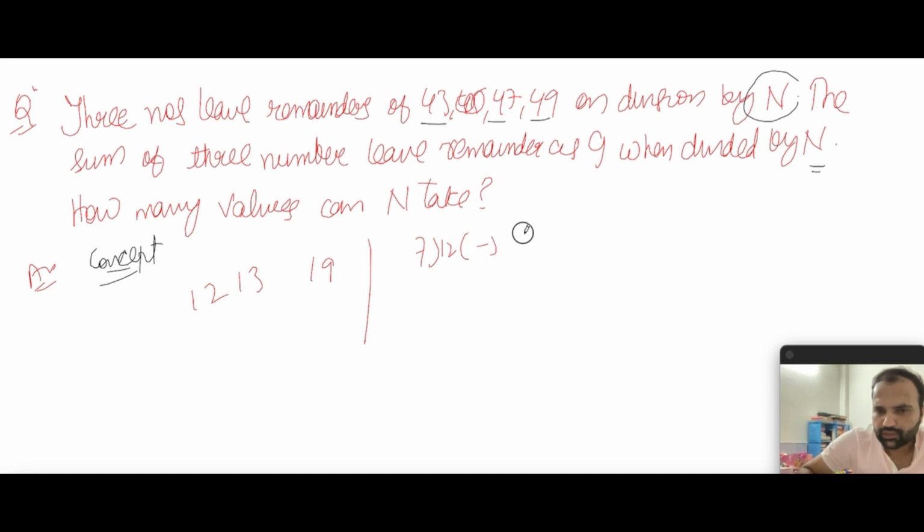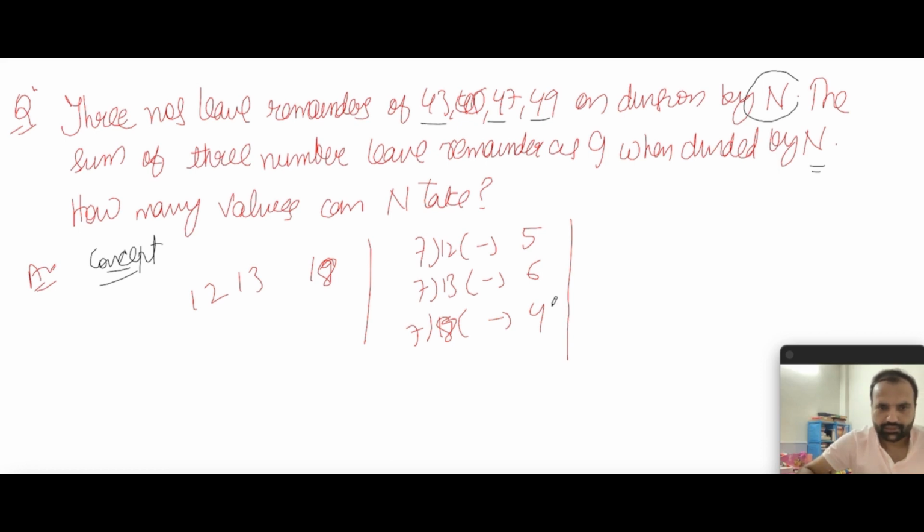So 12 divided by 7, we get remainder 5. 13 divided by 7, we get remainder 6. 19 divided by 7, we get 5 again. So let me make it a different number. Let me make it 18, just to explain to you, otherwise these two numbers would look alike and you may get confused.